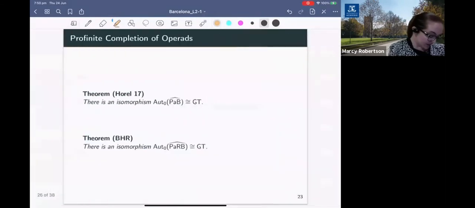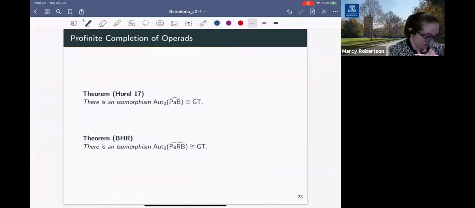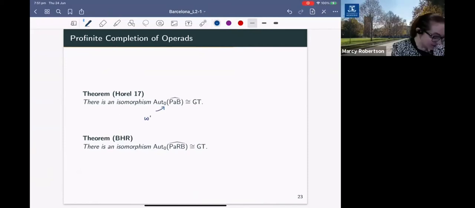And you get some great things from this, just like what we've seen in earlier lectures. Geoffroy has a theorem that says there's an isomorphism: the automorphisms, with a little sub-zero, which means they fix objects, of the profinite completion of the parenthesized braid operad, are isomorphic to the profinite version of GT.